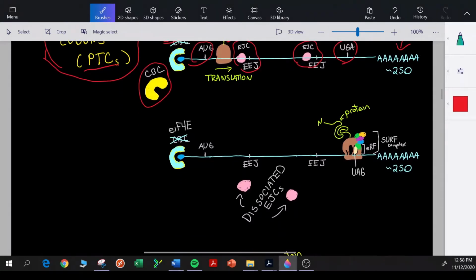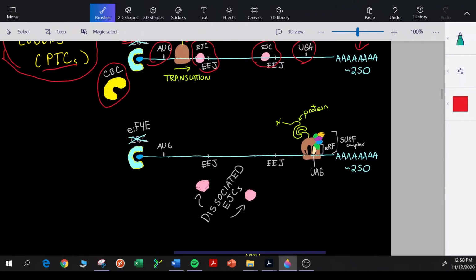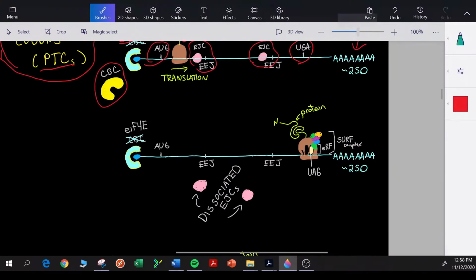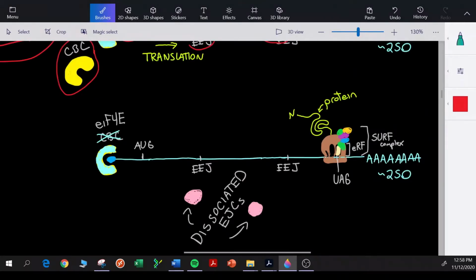I have that diagrammed down here. So we can see that the exon junction complexes have been dissociated. The ribosome has traveled the RNA all the way down to the stop codon.